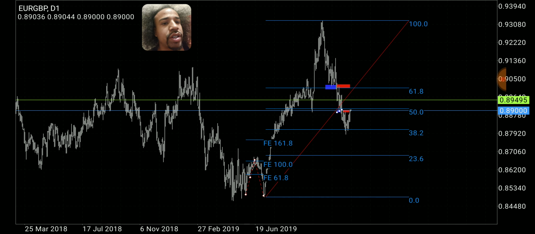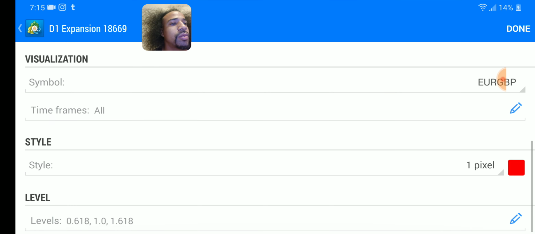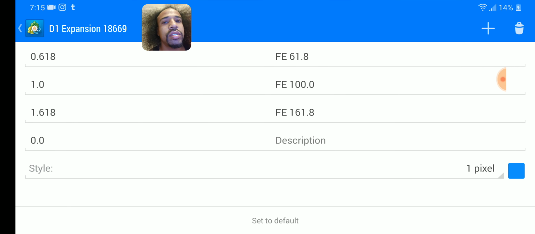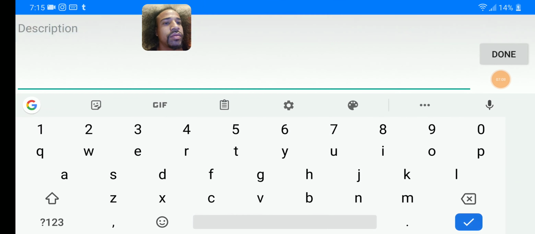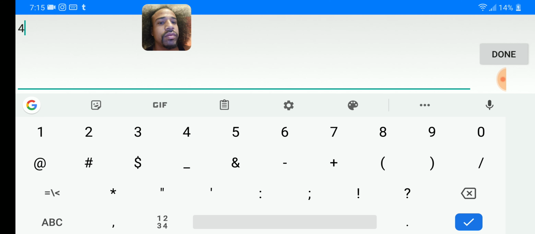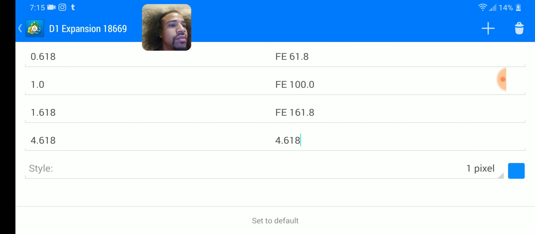I'm going to go ahead and add 4.618 on here. It's a common Fibonacci level.